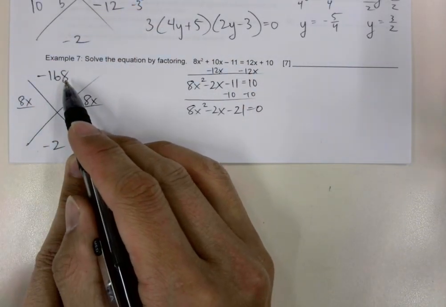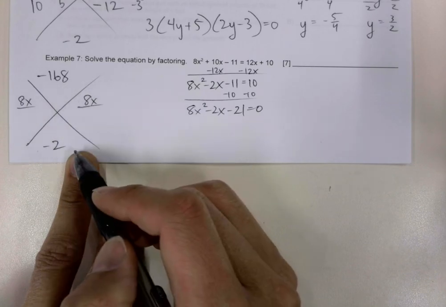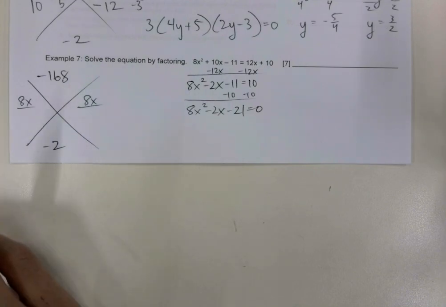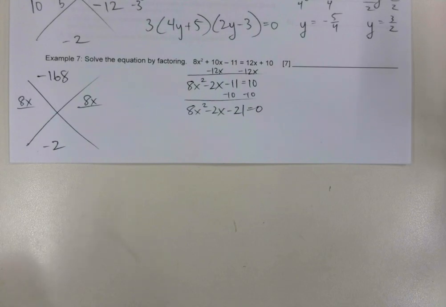And so what two numbers multiply to 168 and add up to negative 2? Man, what is that going to be? Let's see. Man, what are the factors of 168?